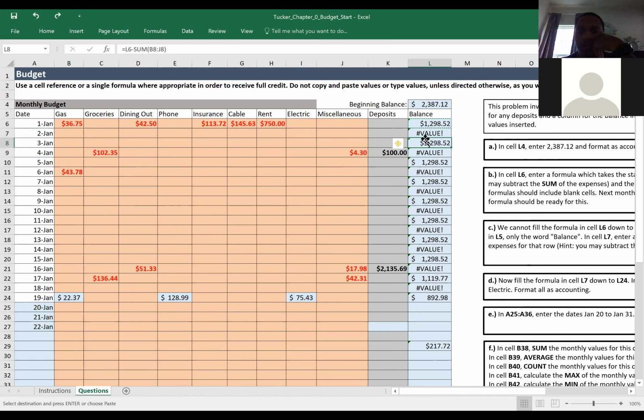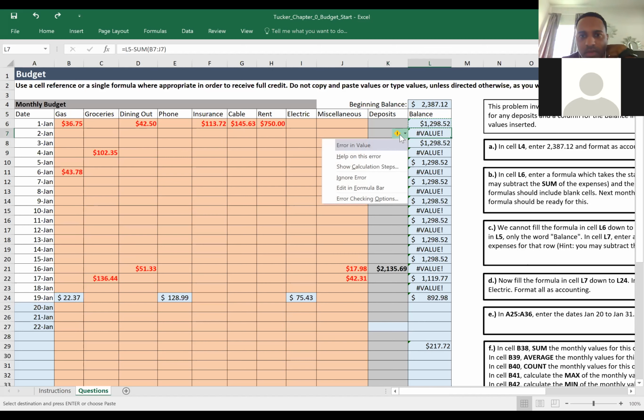All right, so the formula omits adjacent cells. So this is B7, J7.